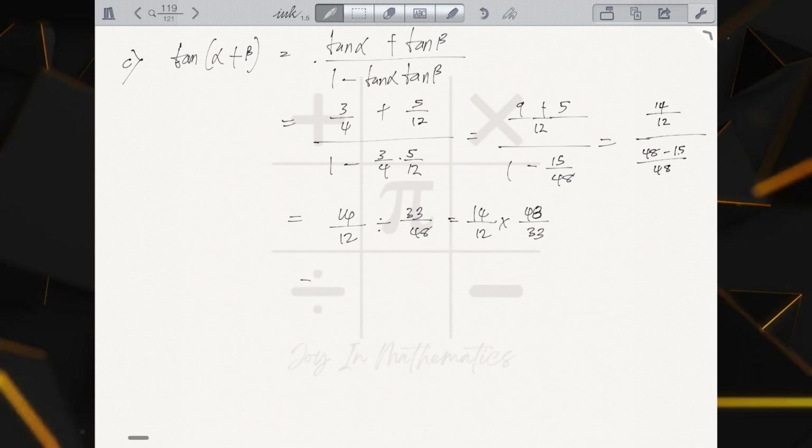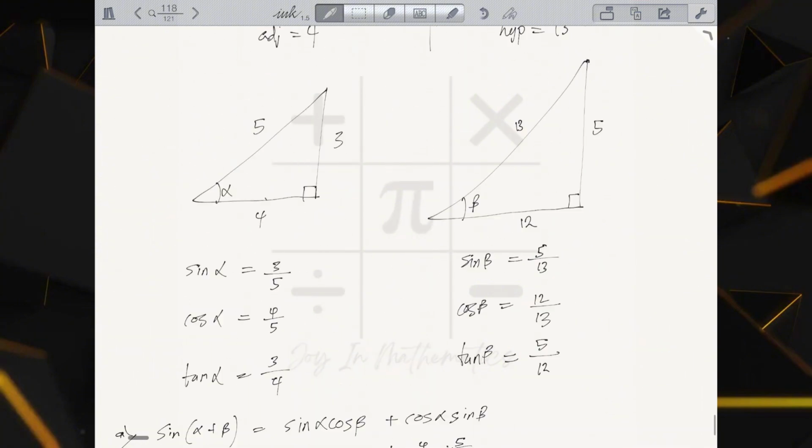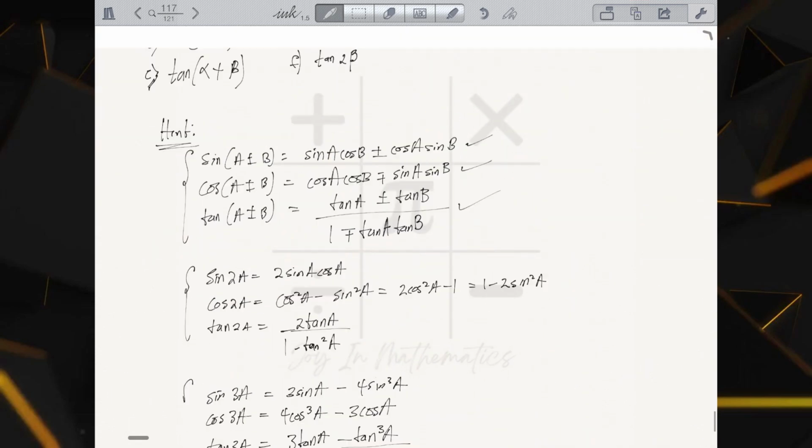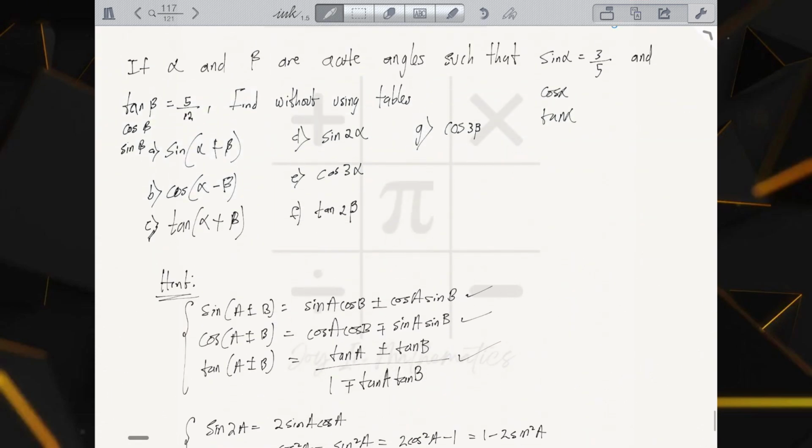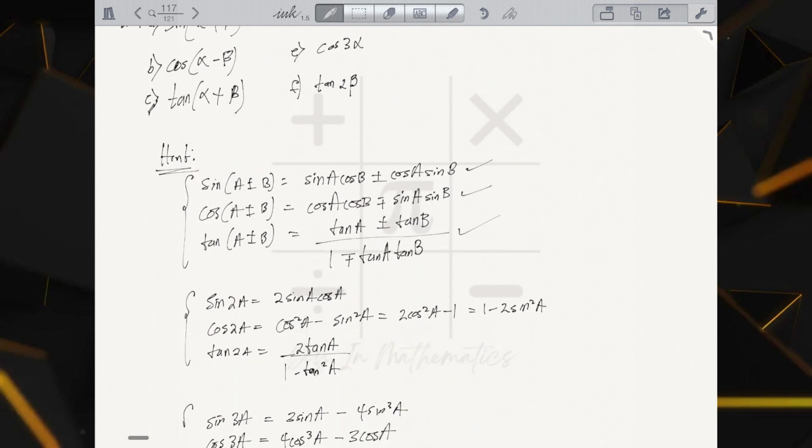And we will have the final answer to be 56 divided by 33, and this is tan(alpha + beta). Let's proceed to the next question, question D. The next question asks us to simplify sine 2 alpha. And sine 2 alpha, in terms of sine 2a, is 2 sine a cos a.